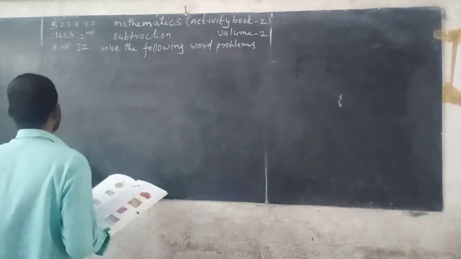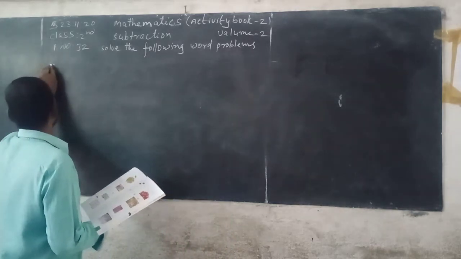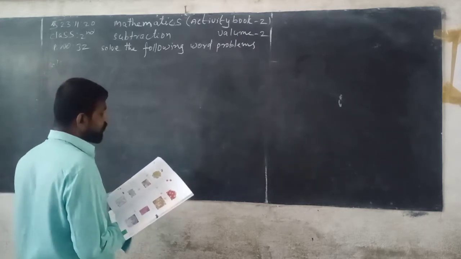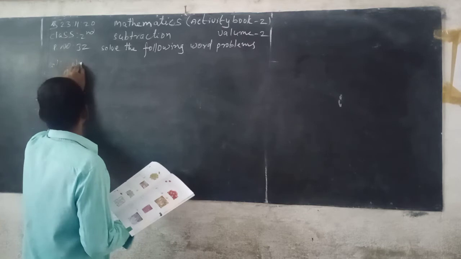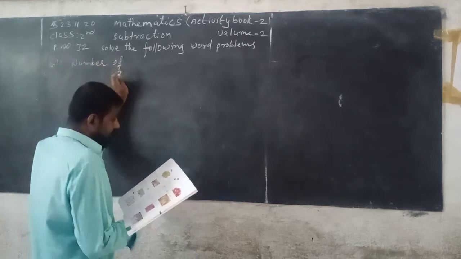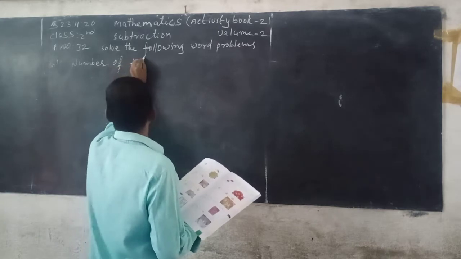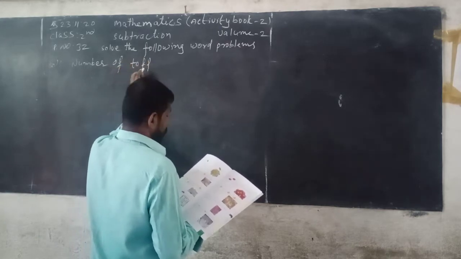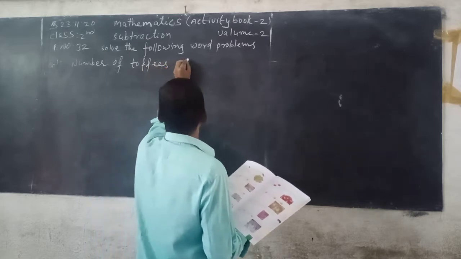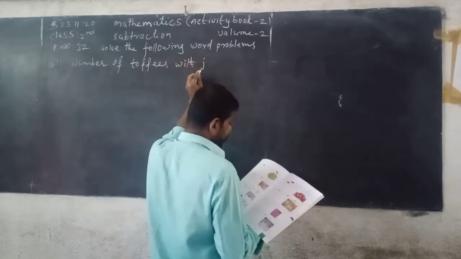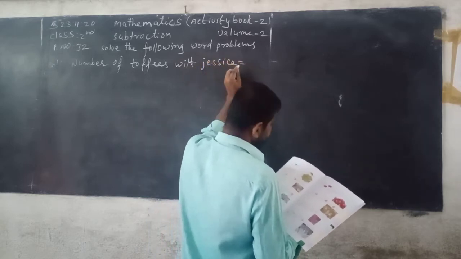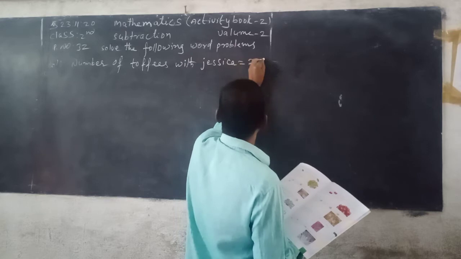See here, solution, listen carefully. Number of chocolates means toffees. Number of toffees with Jessica, that is equals to 25.